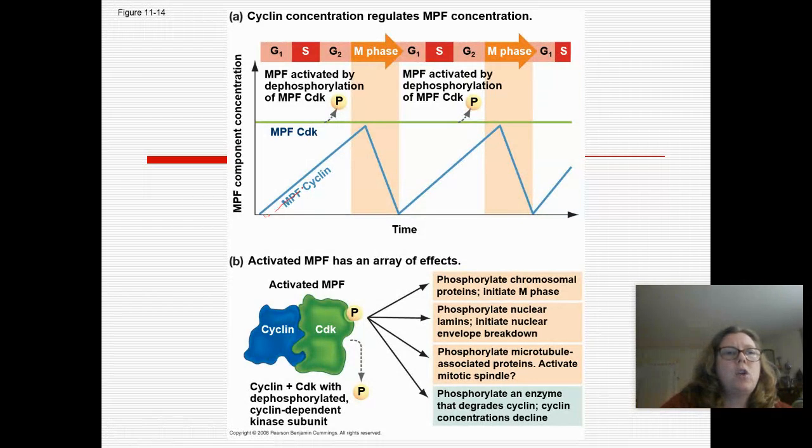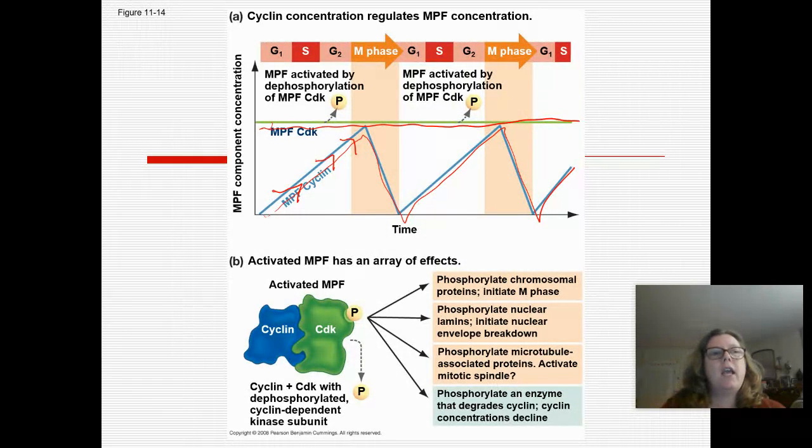So this line is showing you cyclin, right? CDK is present in the same amount each time. But as this cyclin increases, you start to attach that to CDK to produce the MPF. That amount of MPF peaks at the M checkpoint right here. So it's going to peak right there. And then at that point, other enzymes are going to break down cyclin.